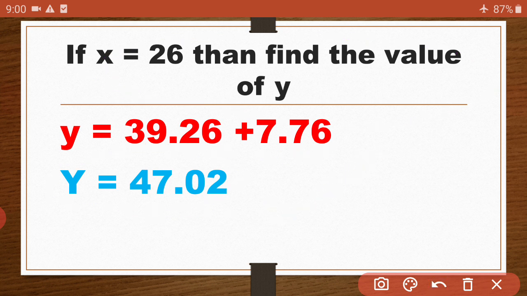Okay, so this is the y on x equation, and if x is given, then we can easily find the value of y. Okay, similarly you apply the x on y equations.